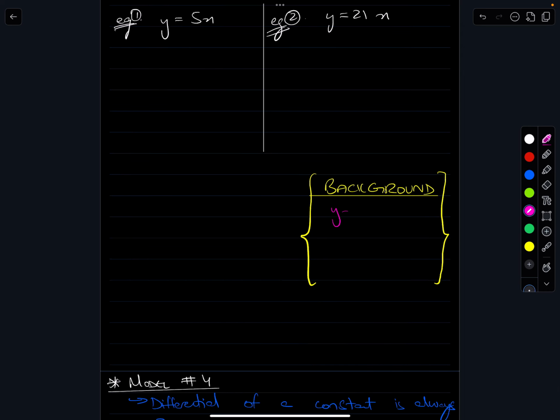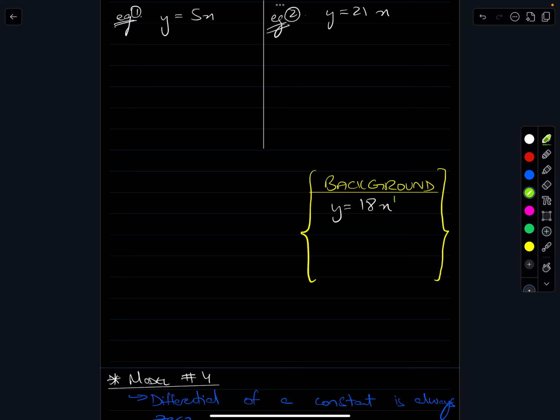Let's say y is equal to 18x. I'll write this right. So in this case, realize that the power of x is 1. So when I bring 1 down, dy by dx is equal to 18 multiplied by 1, x power 1 minus 1.